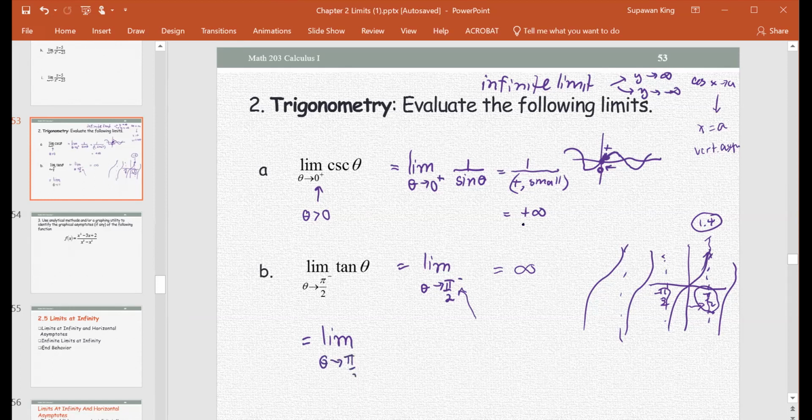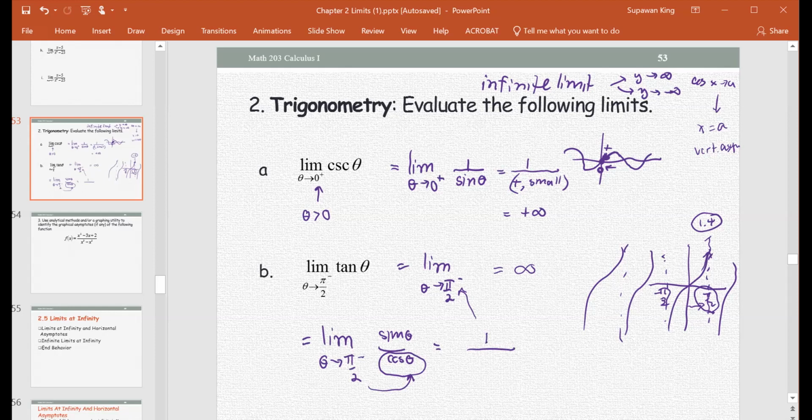Another way that you can think of would be writing the tangent theta as sine theta over cosine theta. And with what we did in part A, we have to focus on the denominator, because we cannot divide by 0. If you do the direct substitution, the cosine of pi over 2 is 0, so direct substitution doesn't work. We analyze it in a similar way. Sine at pi over 2 is always 1.